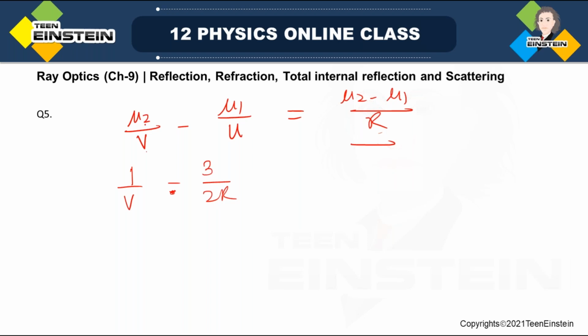This mu2 is the air. This is the air and this is the glass. So that's why mu1 is 3 by 2, and u is again minus r, so that's why this comes here. This is equal to 1 by 2 capital R, right? So from here, if you solve, we get this to be 6 centimeter.